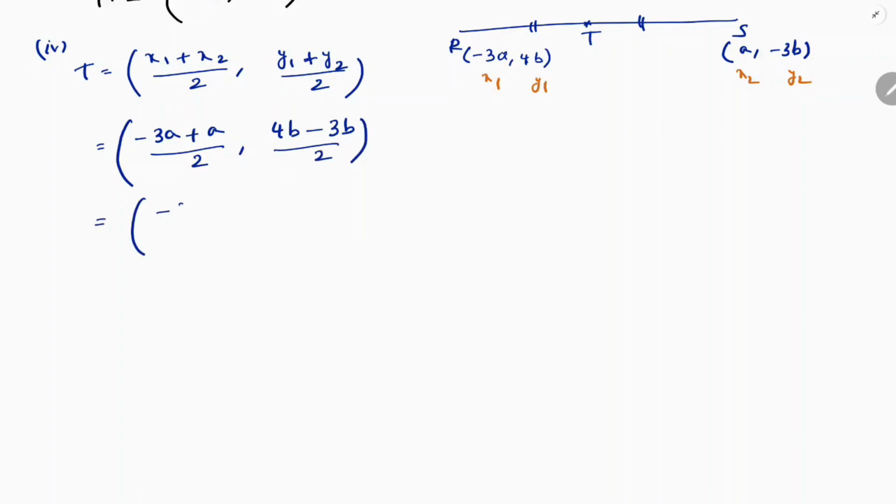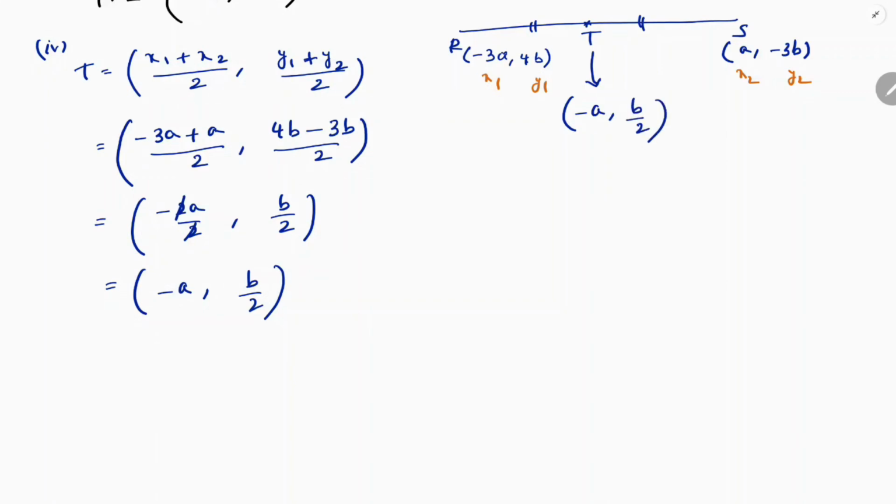So minus 2a by 2, because minus 3a plus a is minus 2a. 4b minus 3b is b upon 2. Here the 2 will get cancelled, so it's minus a comma b by 2. So the correct answer is minus a comma b by 2. So the midpoint T is minus a comma b by 2.